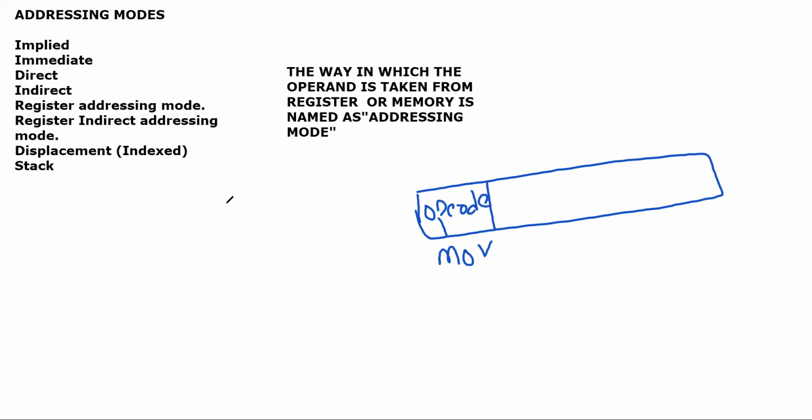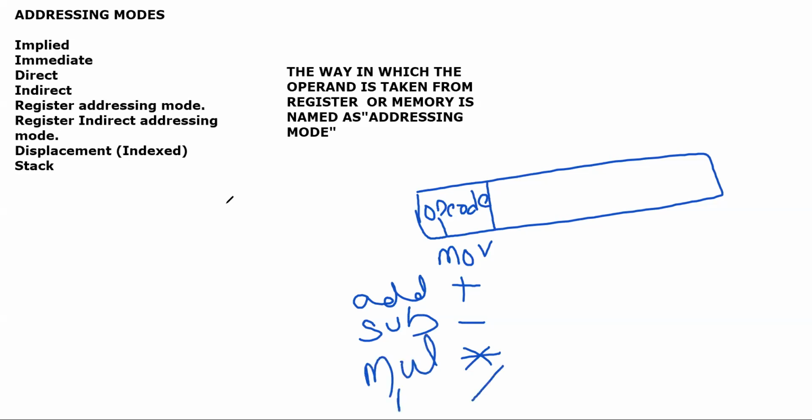In simple words, opcode is your plus, meaning add. In terms of assembly language, opcode is minus, meaning sub. Opcode is multiply, meaning mul. Opcode is divide, meaning div. These are opcodes.